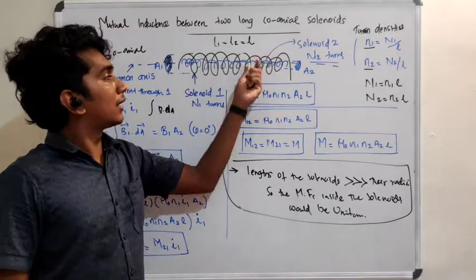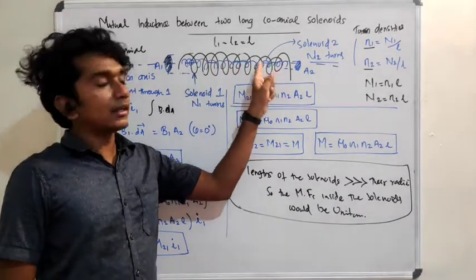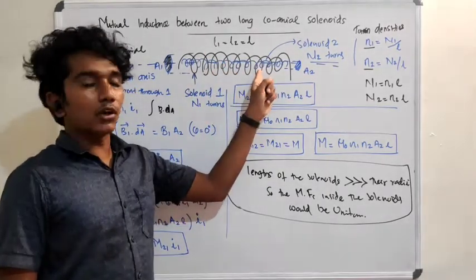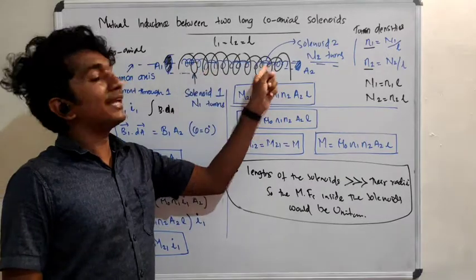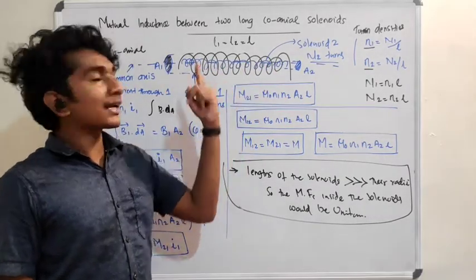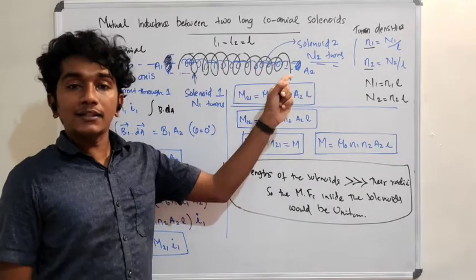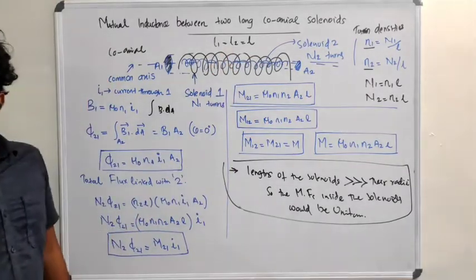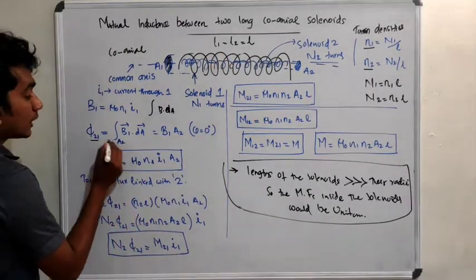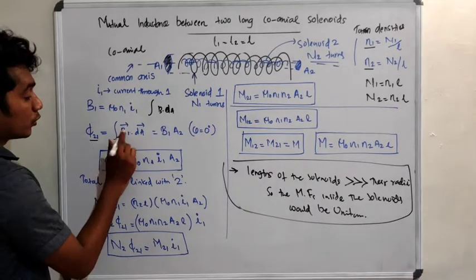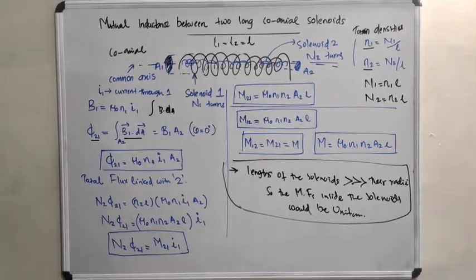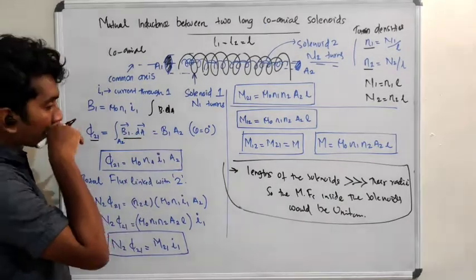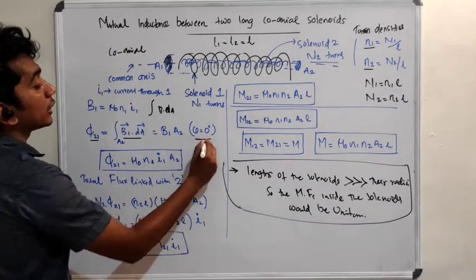If current passes through solenoid 1, the magnetic field will be associated with the smaller area A2. So phi 21 is equal to the integral over A2 of B1 dA. B1 you can take outside, and the integral of dA is the total area A2, since theta is equal to 0 degrees.